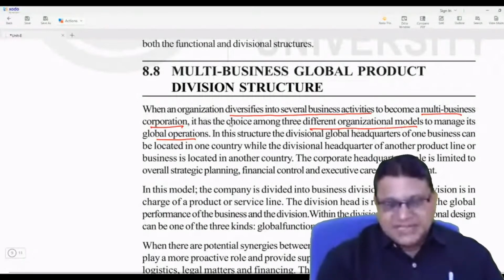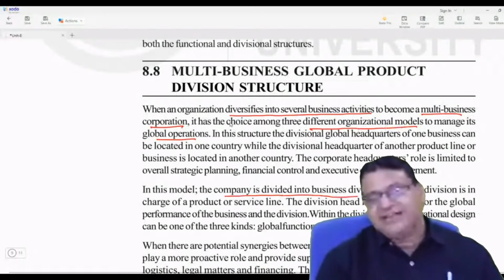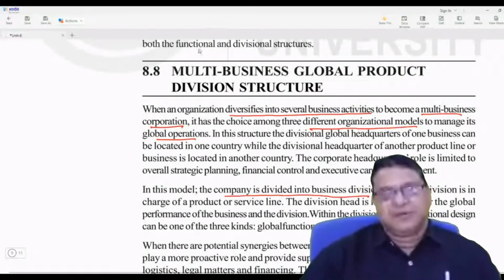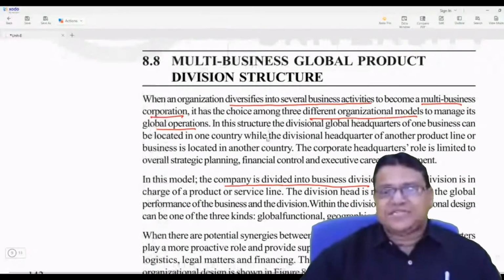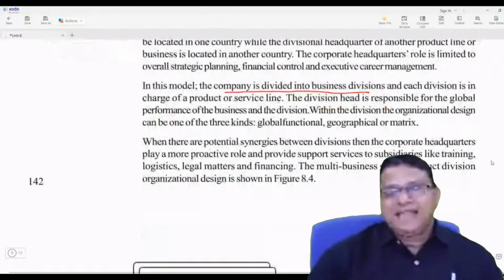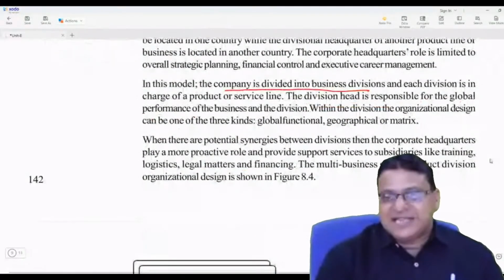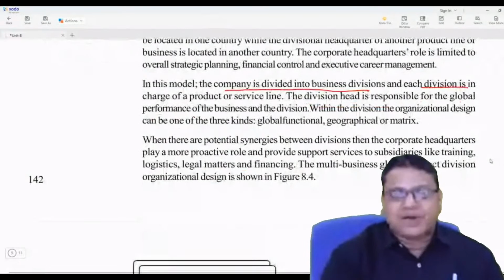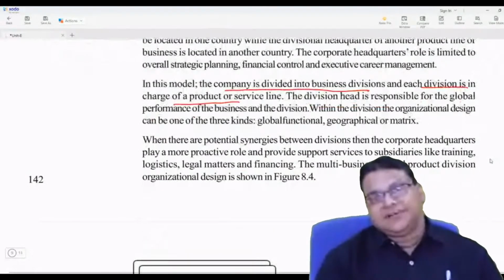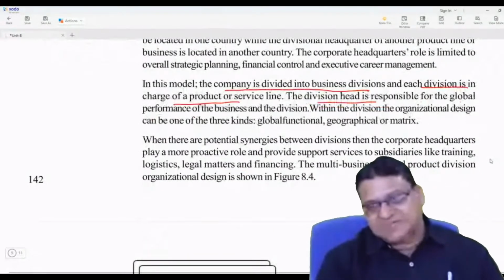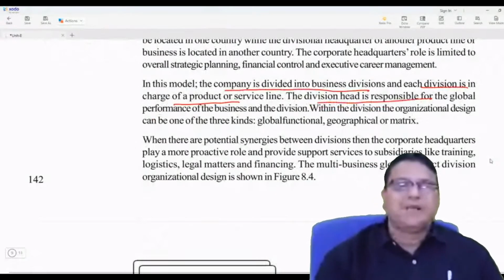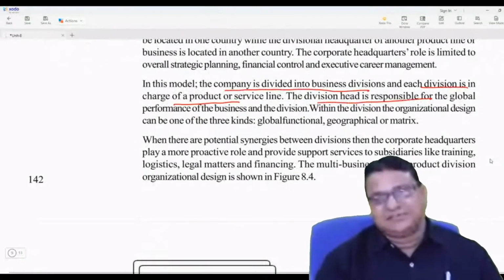In this case, the company is divided into business divisions. We will divide the company into business divisions, and each division is in charge of a particular product or service line. The division head is responsible for the performance of that division.